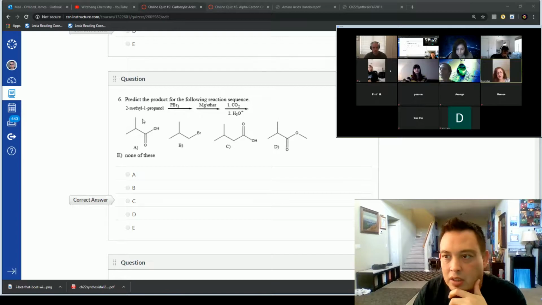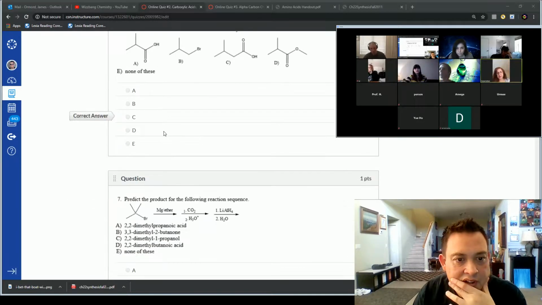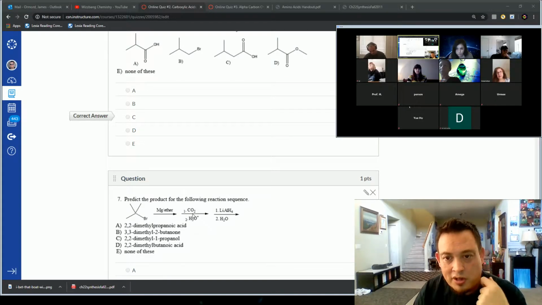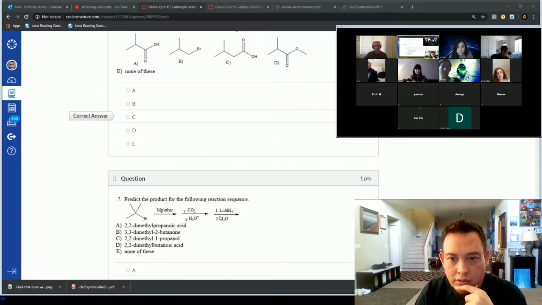All right, for number 7, another similar type of question. The first step here, we're making a Grignard, and then we're extending it by 1 carbon, getting our carboxylic acid group. And then what does this last reaction do? Reducing agent? Yep, reducing agent. And so are we going to get an alcohol or an aldehyde from this?